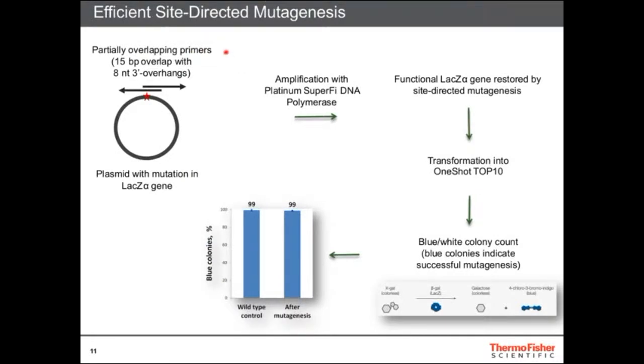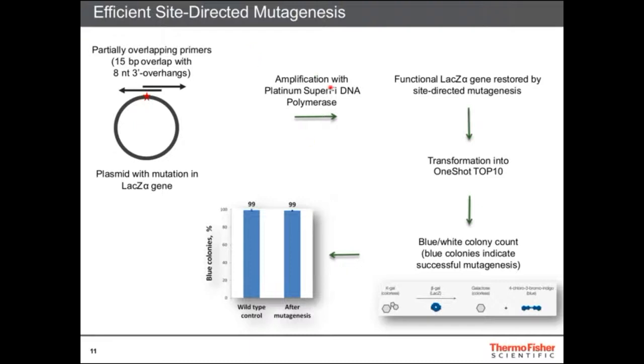In this experiment, we actually wanted to test the efficiency of SuperFi in doing a true site-directed mutagenesis experiment. So we started with a plasmid that actually contains a mutation in the LacZ gene. We designed primers that actually overlap by 15 bases so that we would introduce the wild type sequence within that overlap.